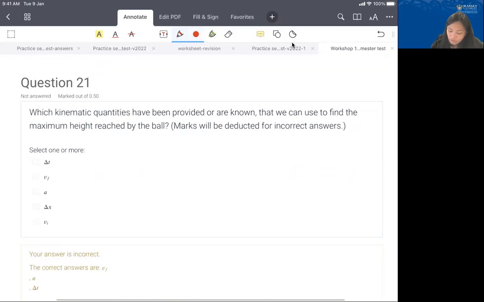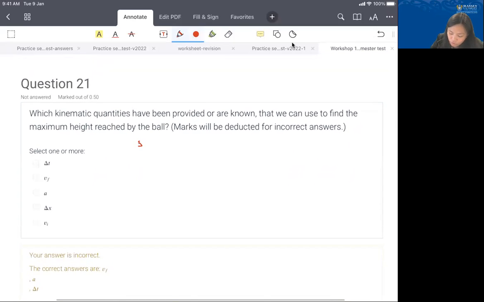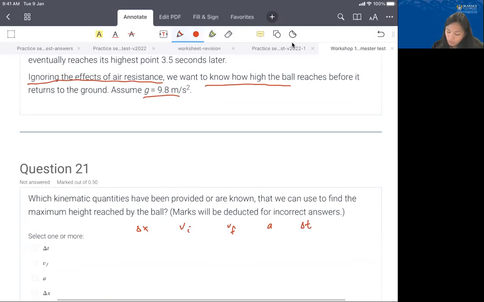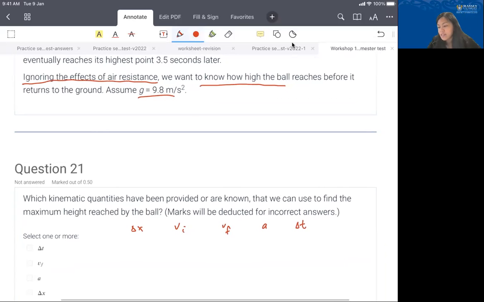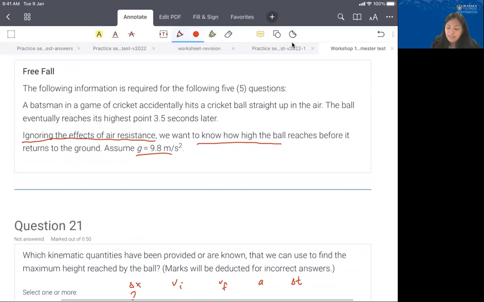Again, whenever you're doing kinematic equation problems, fill out your table of facts. We want to know how high the ball reaches, so that's delta x is what we want to know. VI, do we know VI? It's not from rest, right?